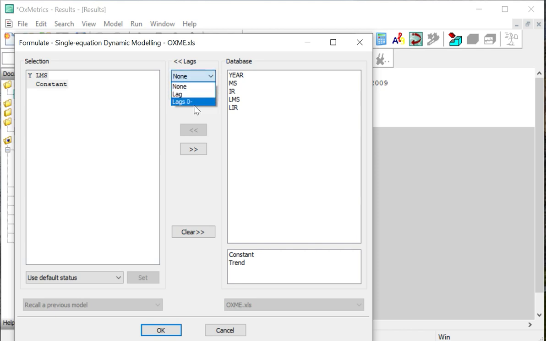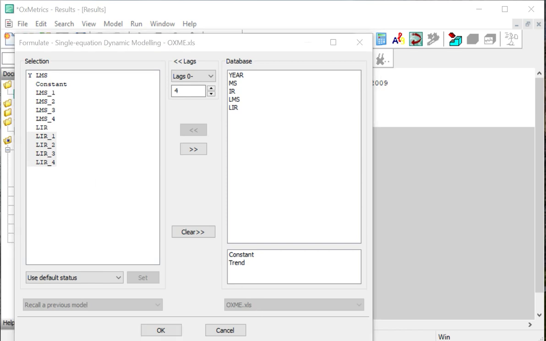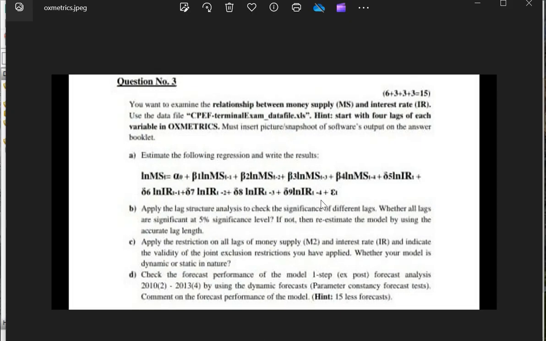Then take the 4 lags of money supply as well. Basically this is equivalent to this equation.